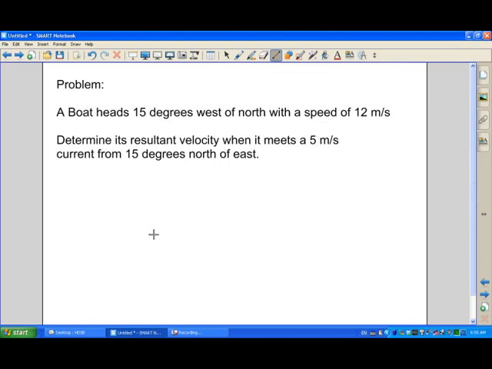I'm going to start by drawing almost like an axis, and this is going to represent my compass: north, south, east, and west.